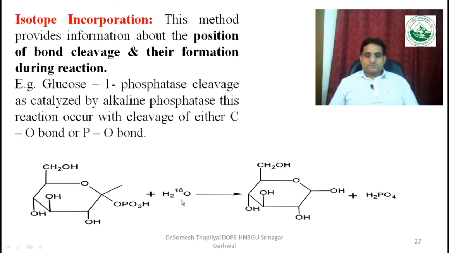If we use oxygen-18 labeled isotope compounds, it will form glucose molecules which contain one O18, and the phosphate group will cleave in the form of H2PO4.